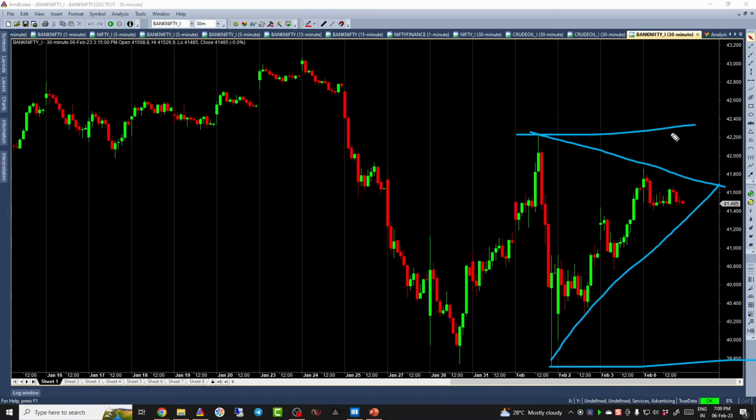The same context applies: the price has to come out of this particular band to create the immediate momentum, and it has to break this or that particular level to get the trend confirmation. If it breaks this particular level, bigger momentum in the upward direction is quite possible. So it is the same context as Nifty, there is no change.